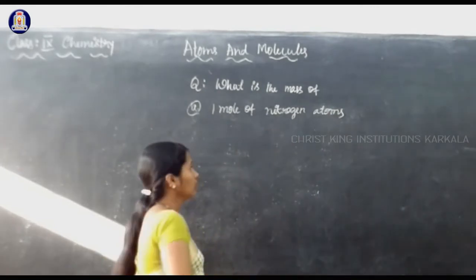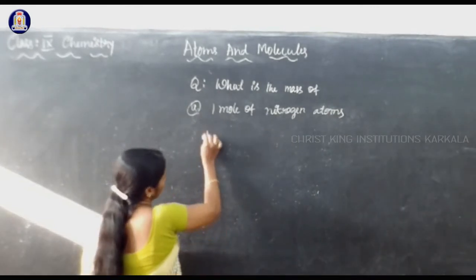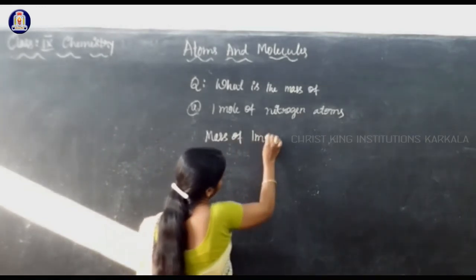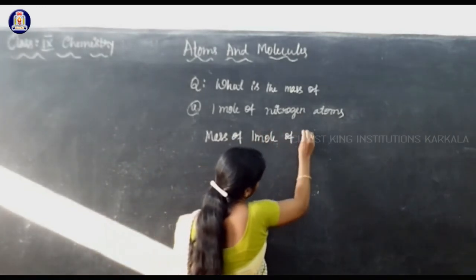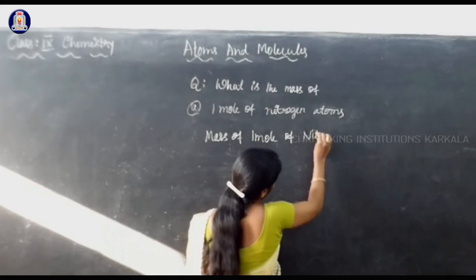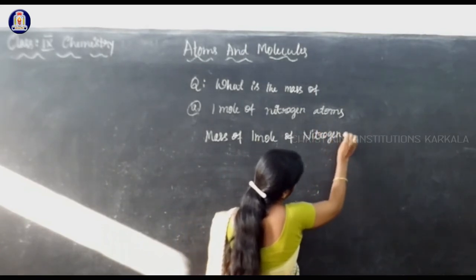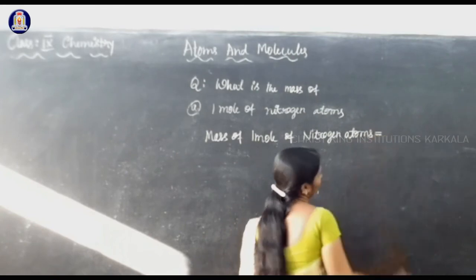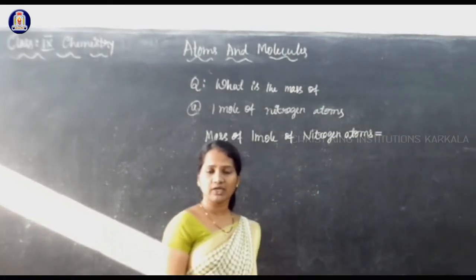So first write the mass of 1 mole of nitrogen atoms, which is equal to, what is the atomic mass of nitrogen?